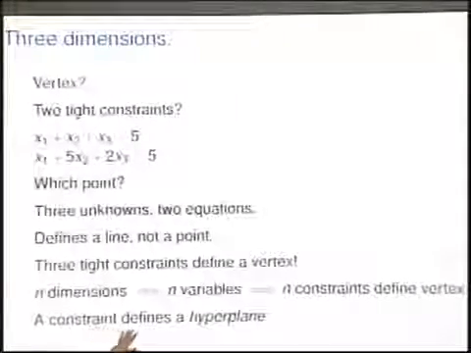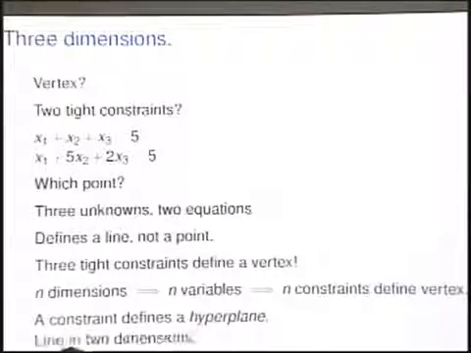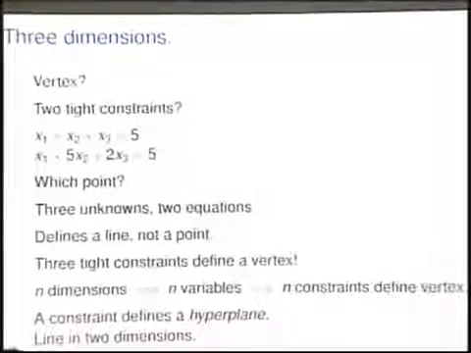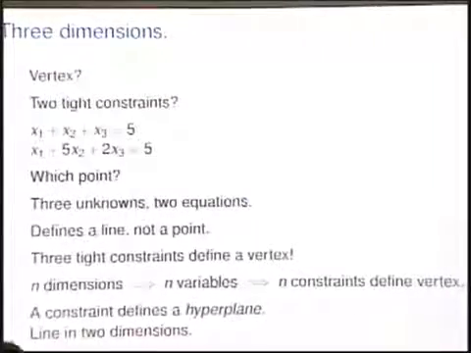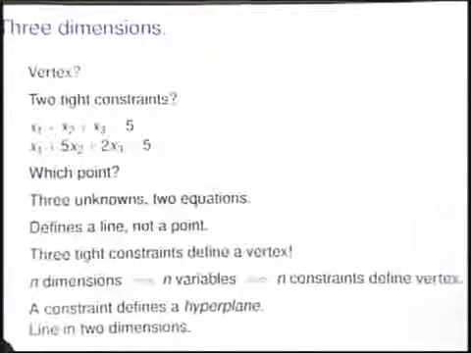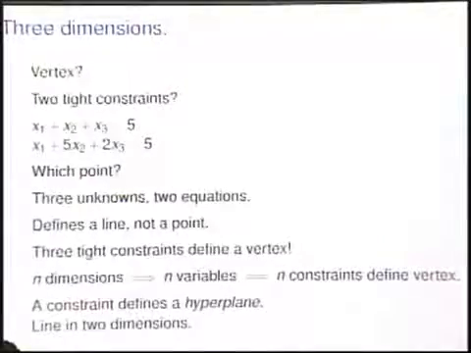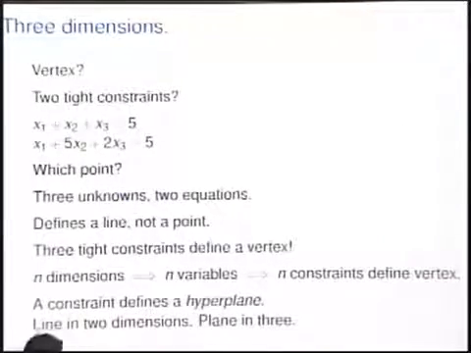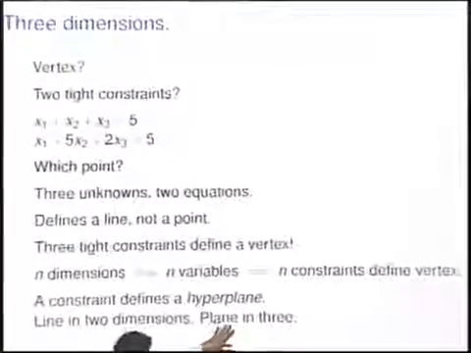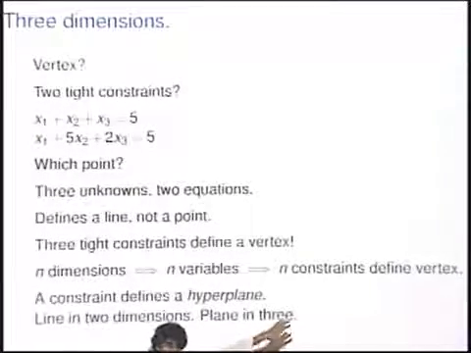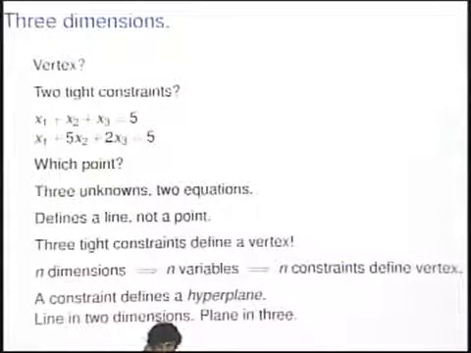A constraint defines a hyperplane. In 2 dimensions, it's a line. It's just a constraint, x plus y equals 5. That's x1 plus x2 equals 5. That's an equation of a line. In 3 dimensions, x1 plus x2 plus x3 equals 1 is a plane.